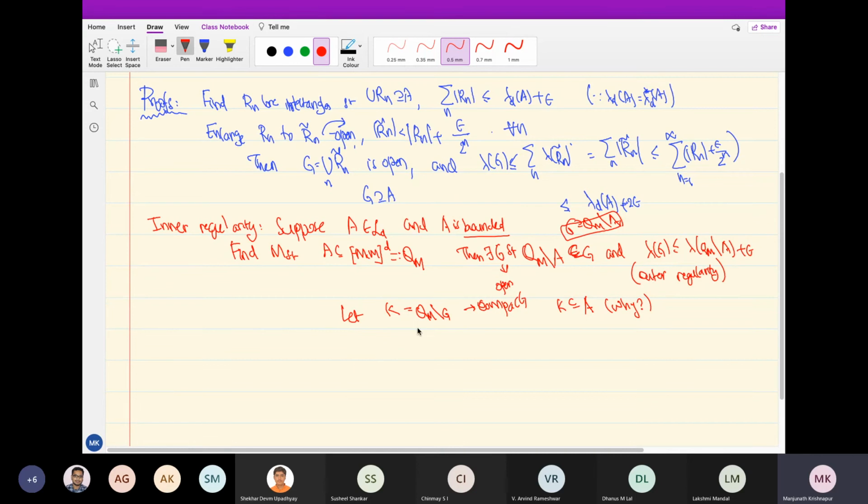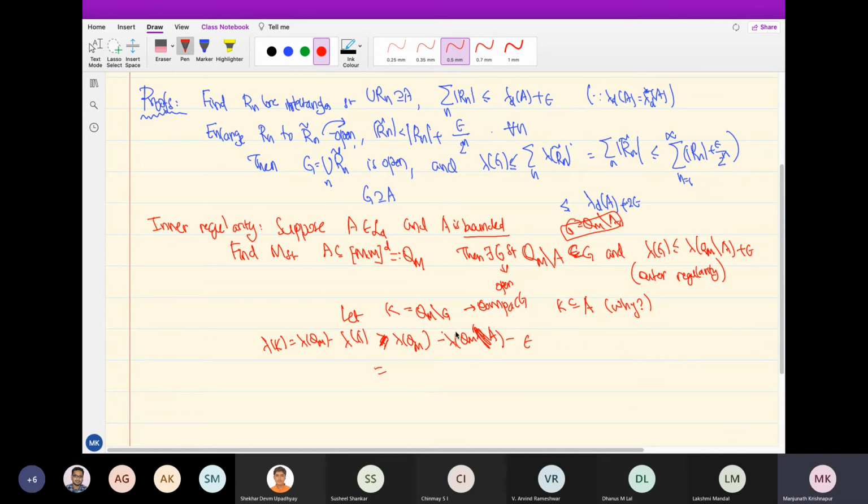So what happens? This is true, and K is compact, that is clear. Lambda of K will be lambda of Qm minus lambda of G, and we know that lambda of G is less than or equal to this. So this is greater than or equal to lambda of Qm minus lambda of Qm minus A minus epsilon.